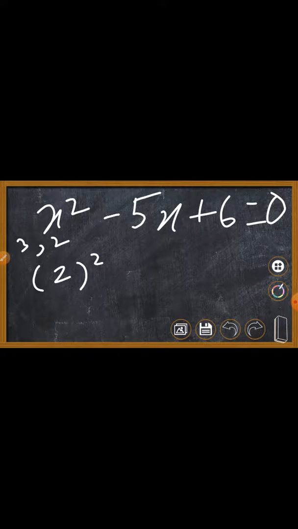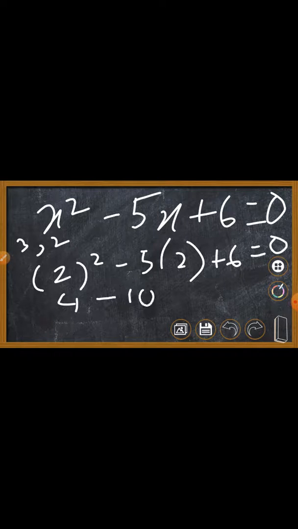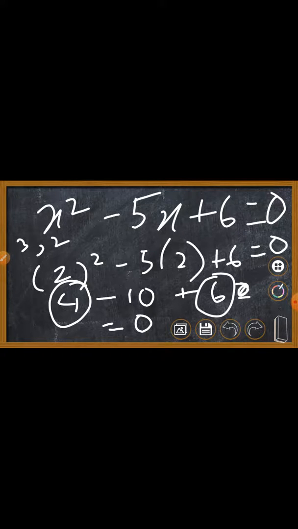So 2 square minus 5 into 2 plus 6 is equal to 0. 2 square is 4, minus 5 into 2 is minus 10, plus 6. So 4 plus 6 is 10 and 10 minus 10 is 0. So again if you put back 2 in the equation you get 0.